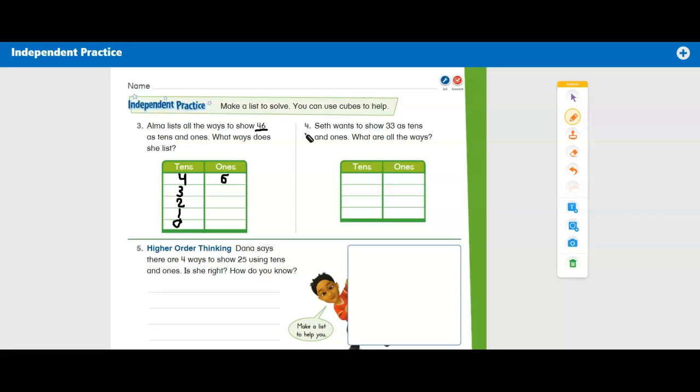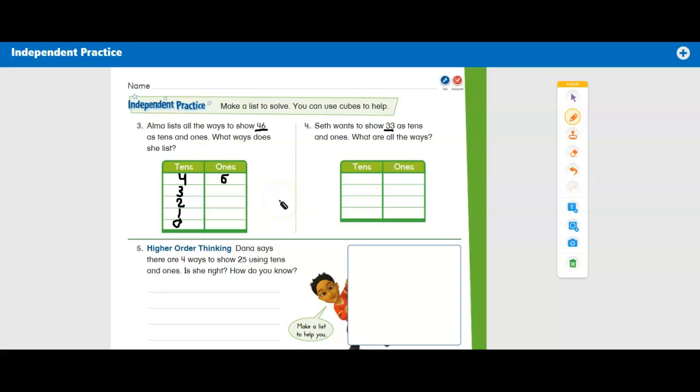Number 4 says Seth wants to show 33 as tens and ones. What are all the ways? If we are showing the number 33 4 different ways, begin by writing the number 33 in your top row and then working down, just like we did in number 3.